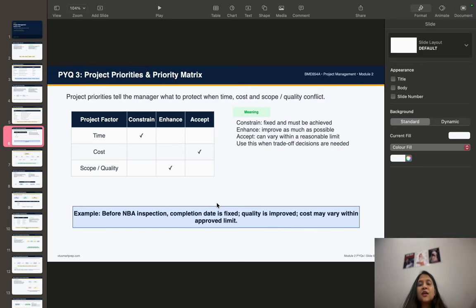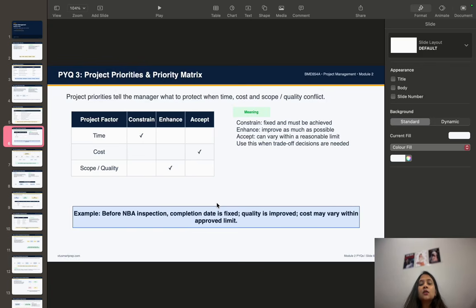NBA inspection is done in organizations, I mean colleges. Every 4 years they have the NBA inspection. So the completion date is fixed, and time is the constraint. Quality should be improved as much as possible, so quality is enhanced.